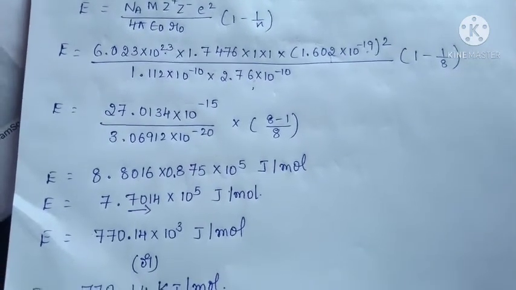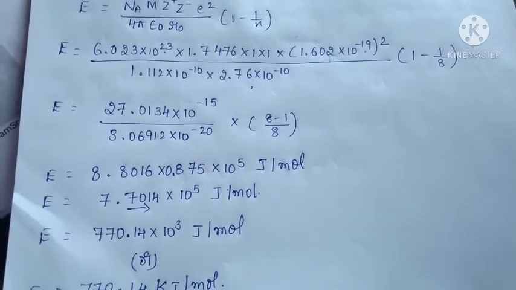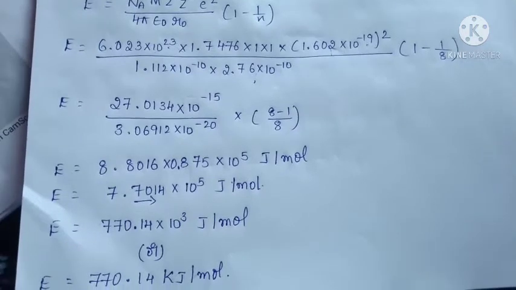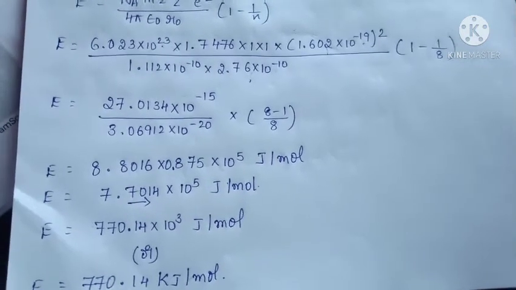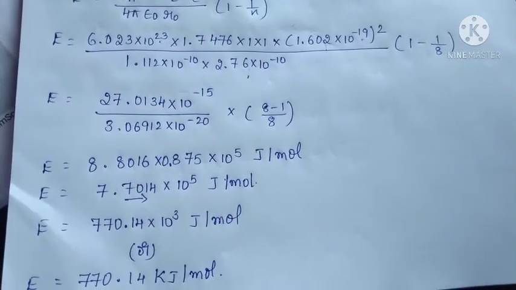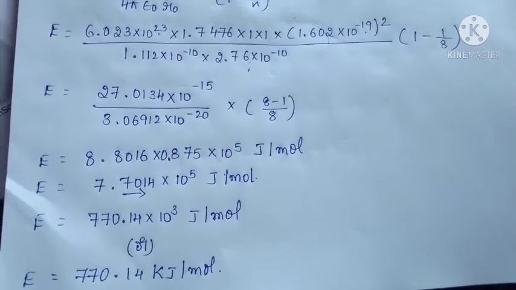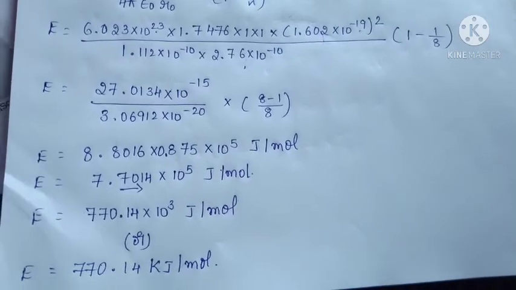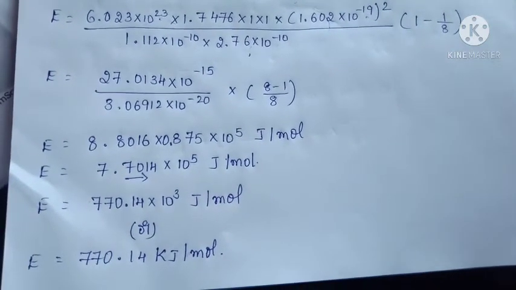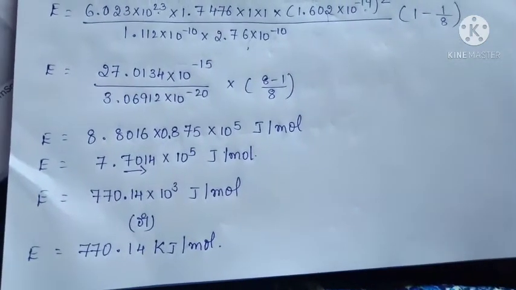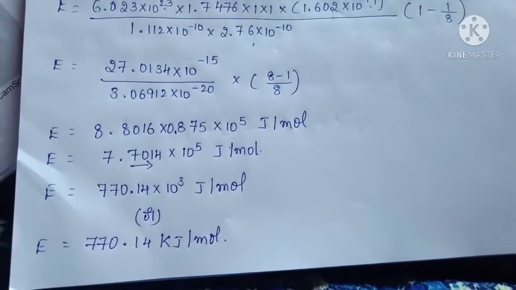It gives 10 to the power of minus 15. In the denominator we have to multiply those values and add the powers. It gives 10 to the power of minus 20. Then take the LCM. 8 should be the LCM. We have to take that value and divide, so multiply by 8 minus 1 divided by 8.